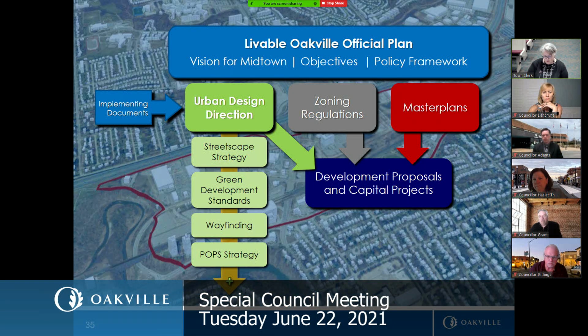And so how will the community development vision and urban design direction happen? We have to ensure that the vision and design direction are clearly incorporated into the official plan policies.